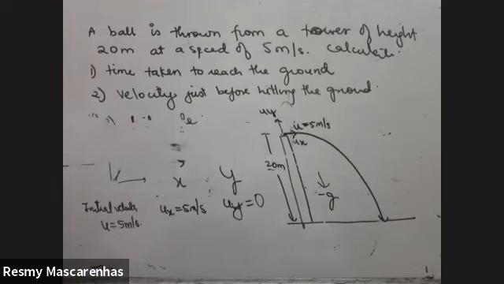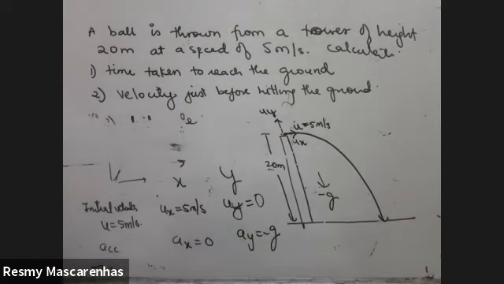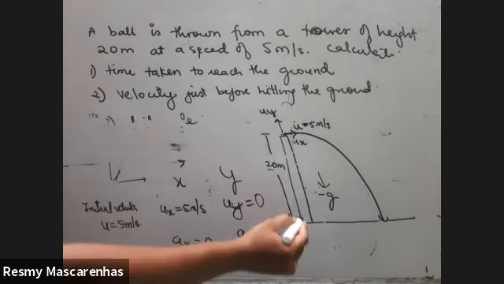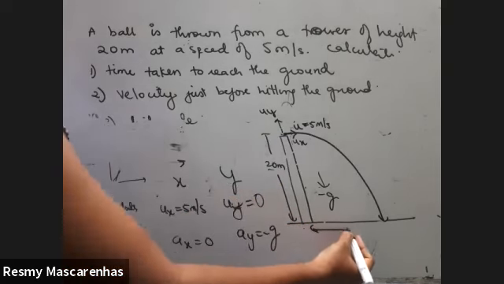In the same way, acceleration: ax is 0, ay is minus 3. Now, displacement. The x distance, I don't know how much it has been covering. This will be your x.